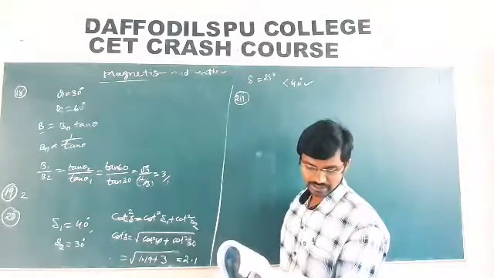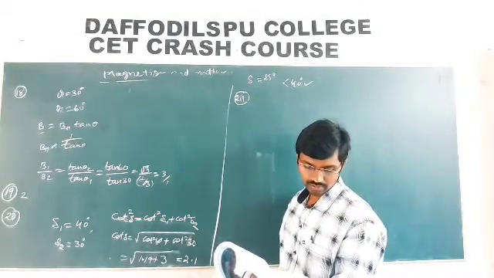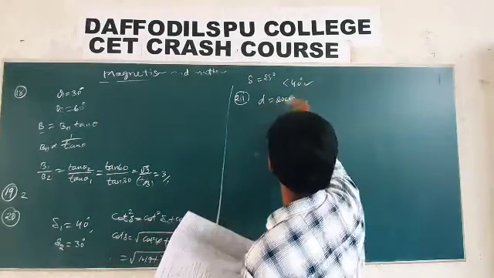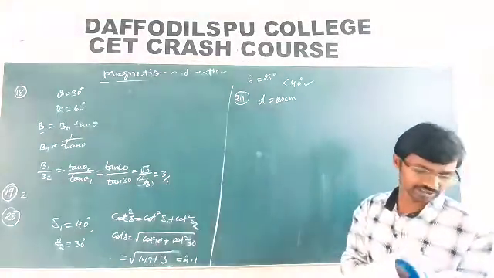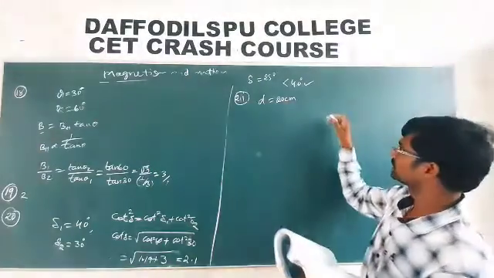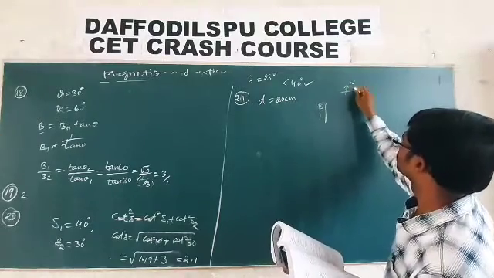With the north pole facing south, the neutral point is obtained at a distance of 40 cm from the center of the magnet. Where do you get the neutral point? On the axial line. At what point? 40 cm. Then d is equal to 40 cm from the center of the magnet.